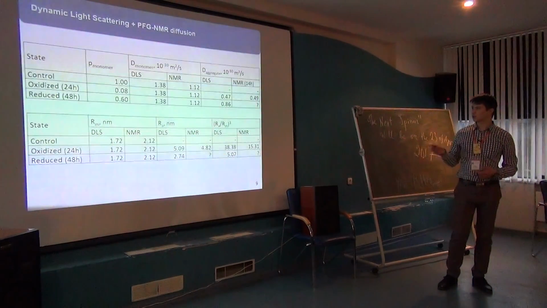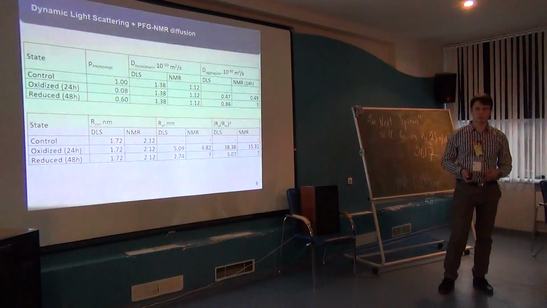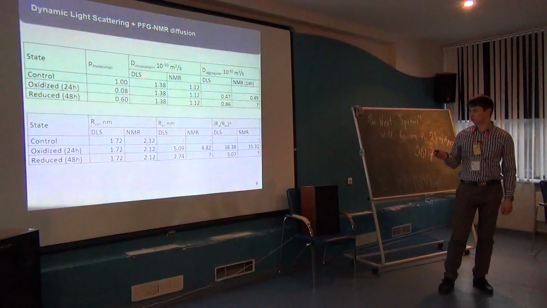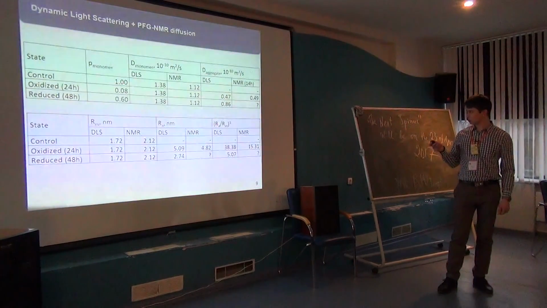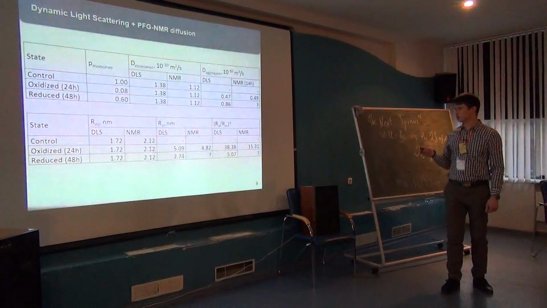After that, we compared the results of dynamic light scattering and pulsed field gradient NMR. Here we have a rather consistent picture. For example, we have diffusion coefficients of aggregates very similar between NMR and DLS.